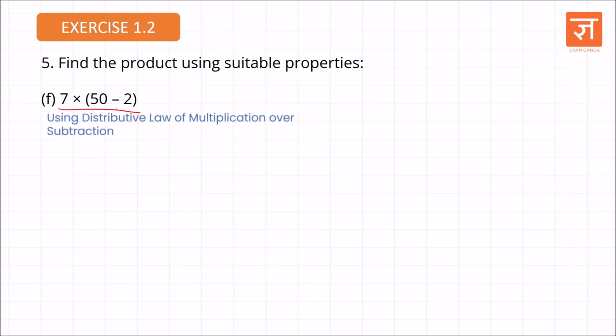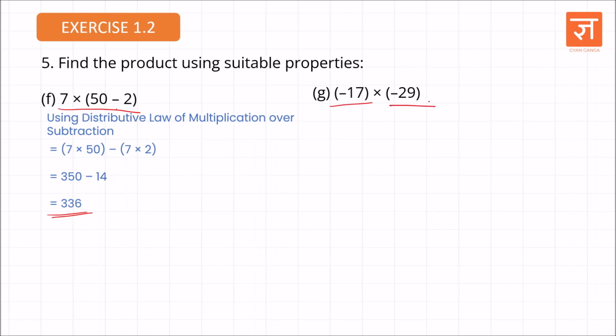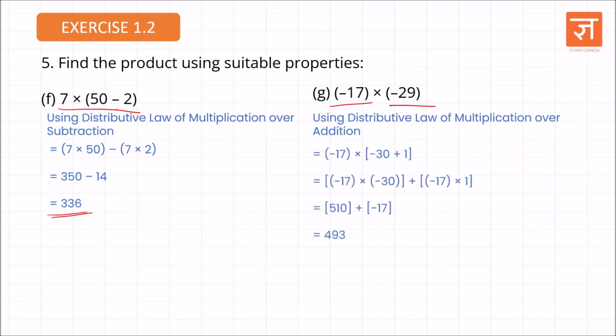We can solve it and then get this answer. Minus 17 into minus 29. Minus gets cancelled. Or you can just use the law over the addition. That is minus 30 plus 1. So we get minus 17 into minus 30, then minus 17 into 1. We got minus 17. Solve this and we get this answer. Then we can simply add and subtract and we get this answer. Clear? I hope you are getting clear with each of the steps.